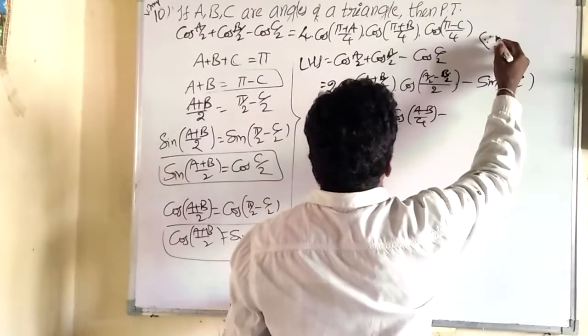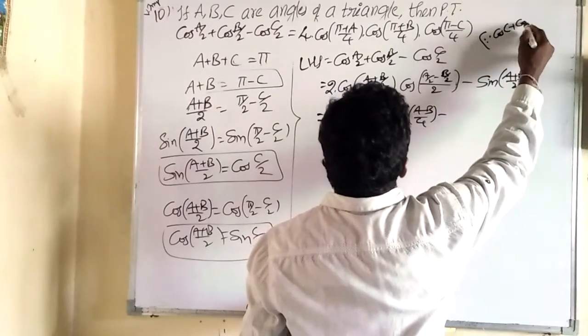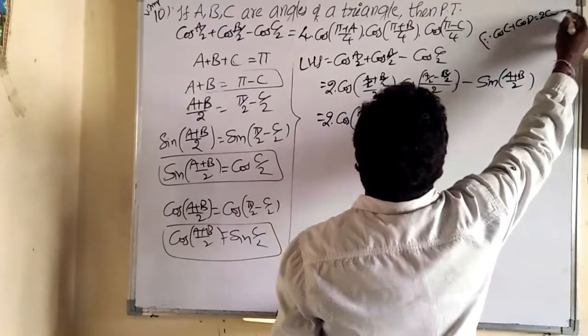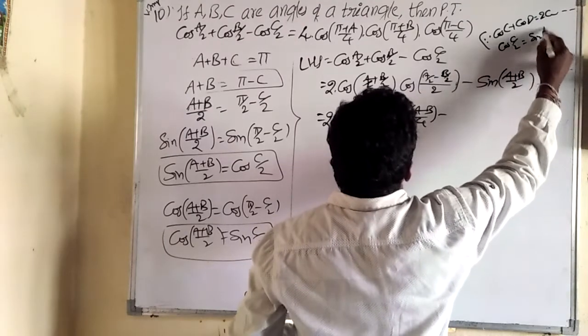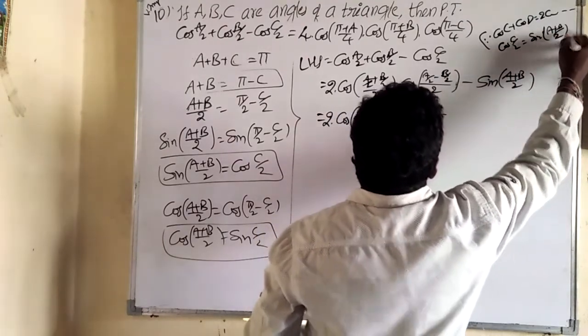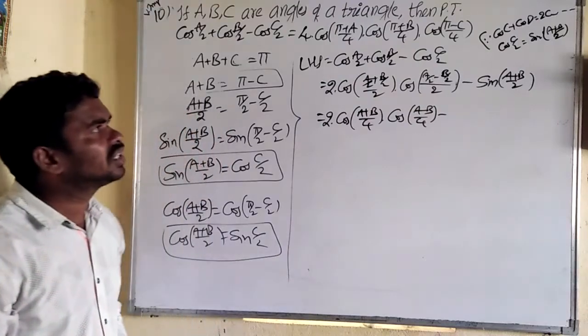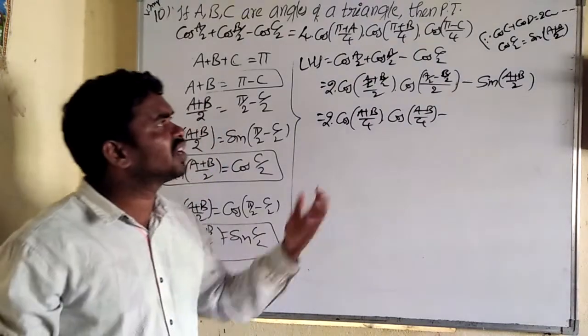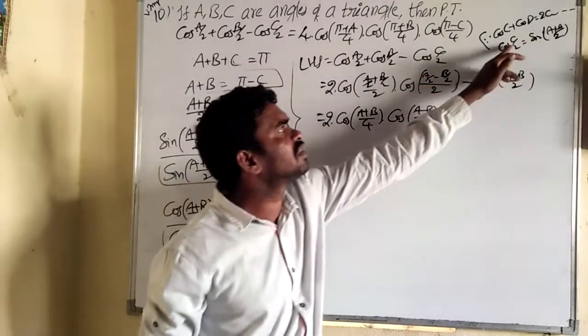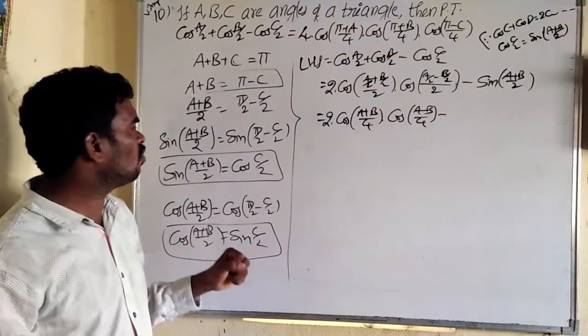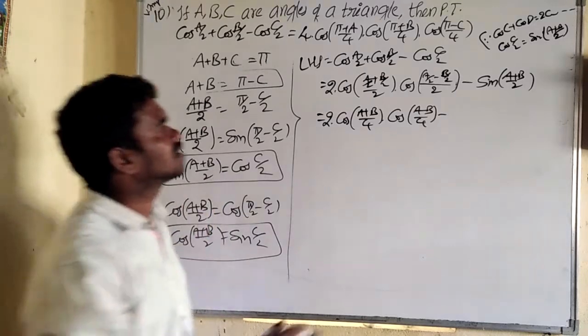Since I used two formulas, one is the cos C + cos D formula, 2 cos so and so, and the second one is instead of cos C/2, I wrote sin (A+B)/2. If you write it aside, then in your practice in the future you can understand that from cos C/2 we got sin (A+B)/2, since there is a formula.